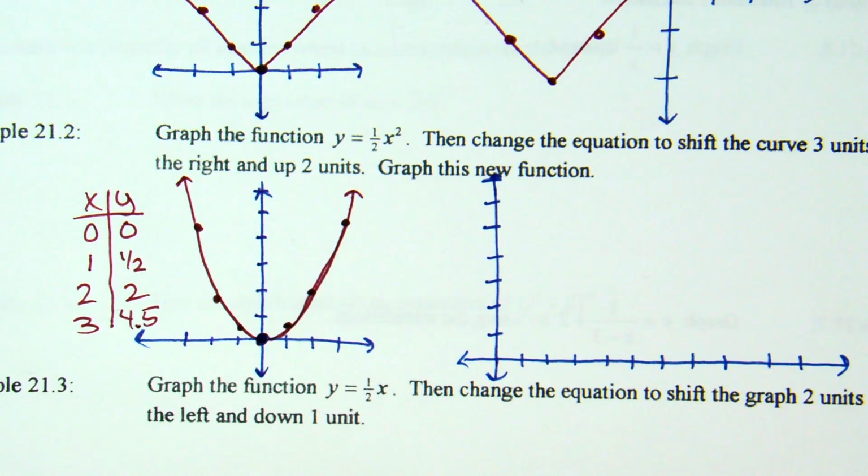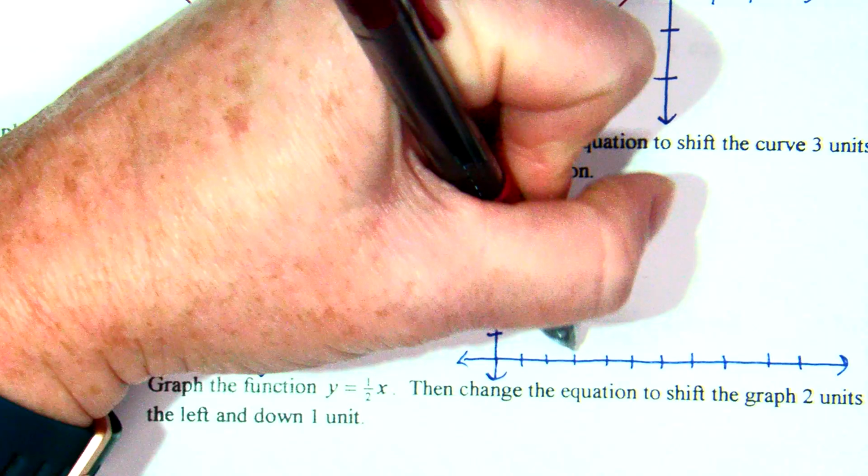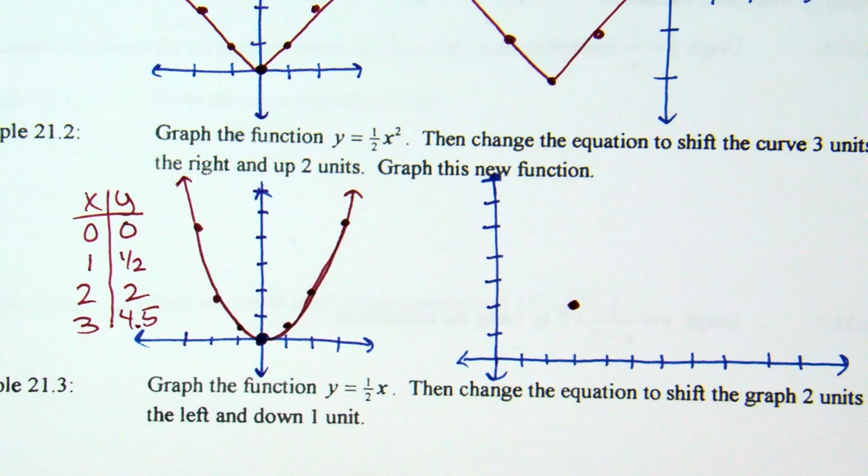There's my new vertex. Now, if you want to plug in numbers that are right around 3, yes? It's like 4 and 5, 2 and 1. Or, can we use this from the vertex? What did we do? We went right 1, up a half. So from this vertex, could you do the same thing?